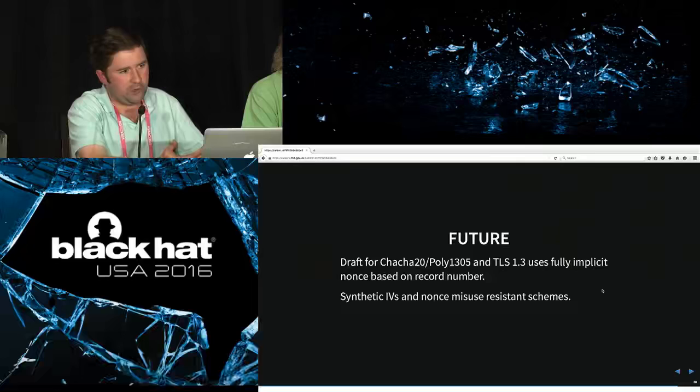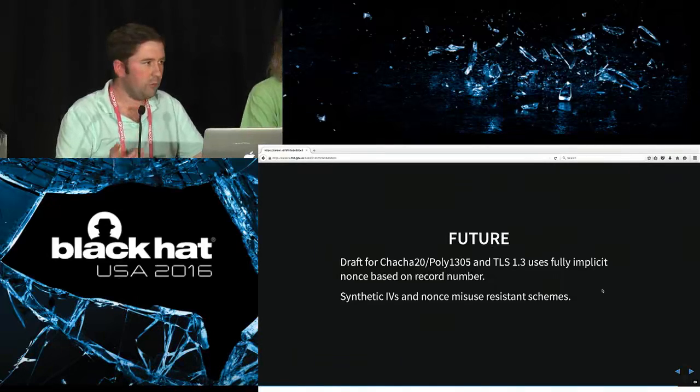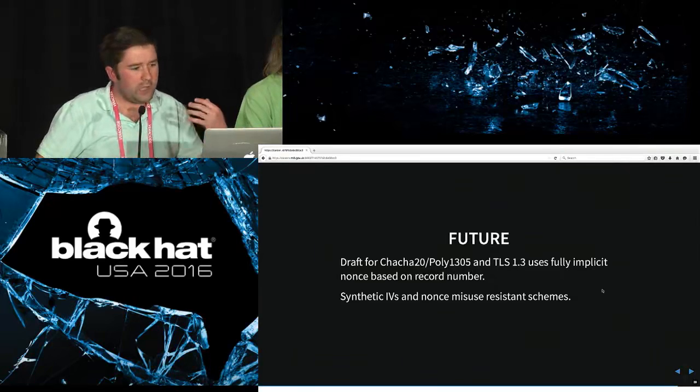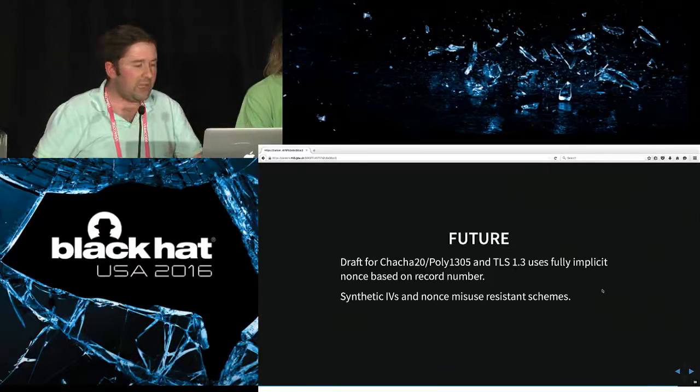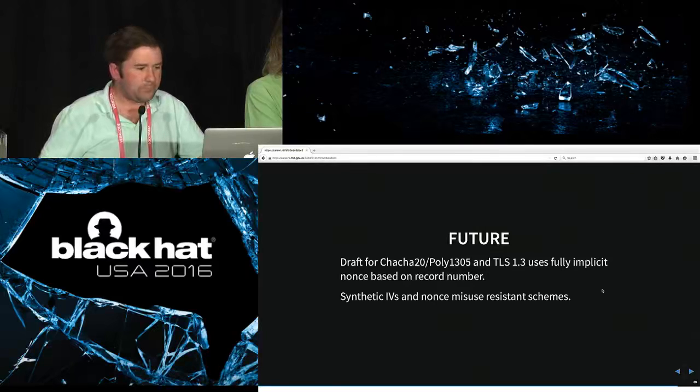Looking forward to the future, there are a couple of bigger trends that are going to be mitigations against this kind of problem. One is at the protocol level in TLS. Recently, Hanno was saying a new AEAD, ChaCha20-Poly1305, has gone through the draft process and is being adopted now.